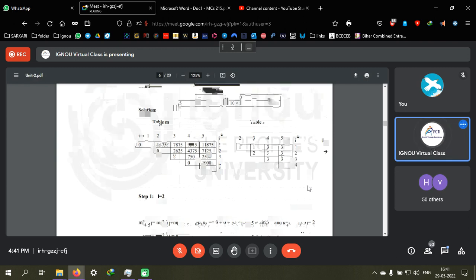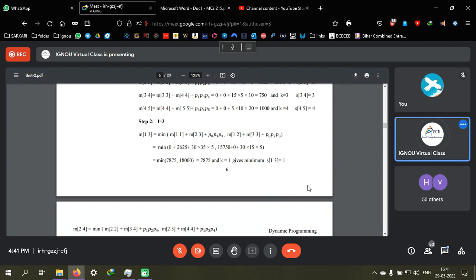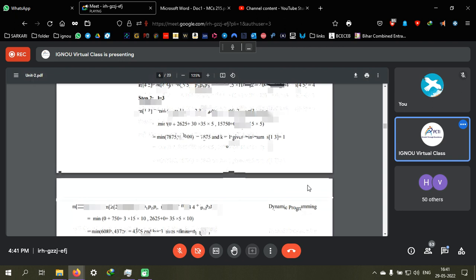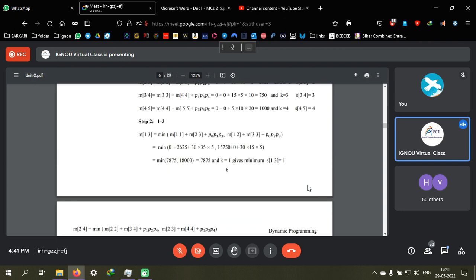Right? So this is 30 multiplied by 35 multiplied by 15. But if we are talking about A1, A2 and A3, here we get 30 multiplied by 15 multiplied by 5.